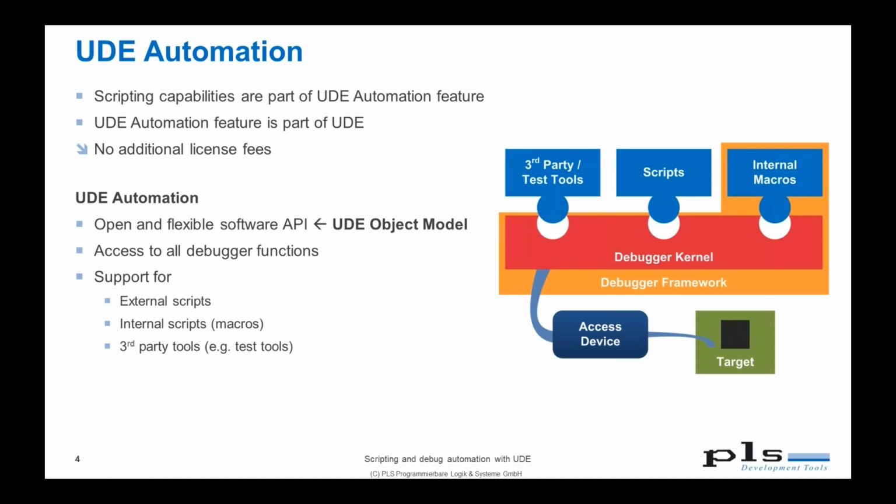You also have the possibility to write small internal scripts, macros, to automate some daily tasks from inside the debugger, and also to couple third-party tools, for example test tools, to UDE, or to set up a complete test environment of your embedded system.